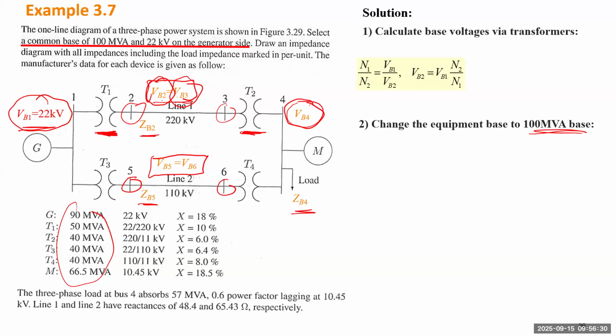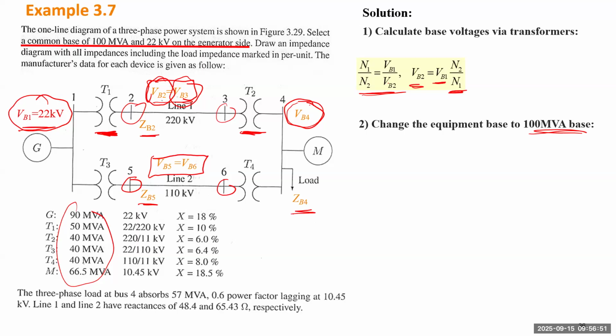For each transformer, the base values still need to meet this equation. The ratio of voltage bases will be the ratio of the number of turns. So if we know the original base on one side, by using the ratio we can calculate the base of the other side.